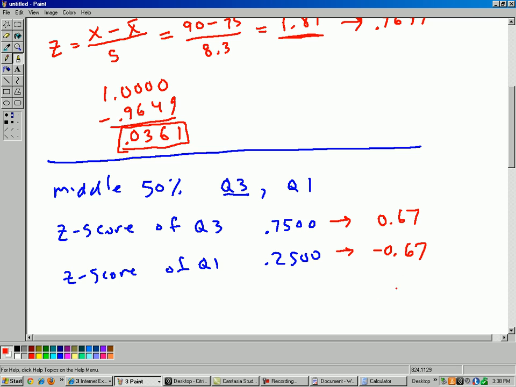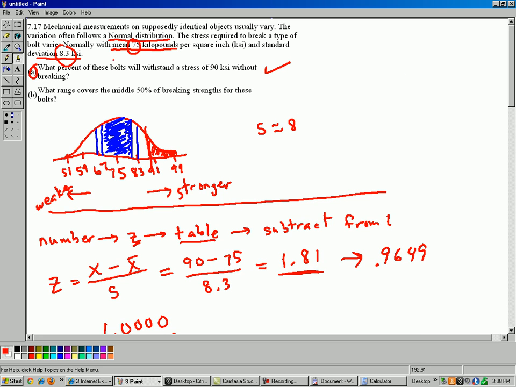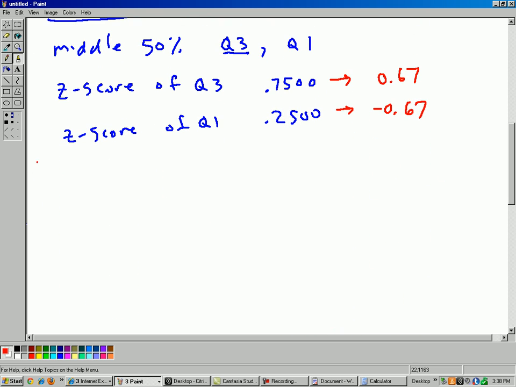So now all I have to do is find out, back to our original problem, what's the breaking strength of our bolts that corresponds with those z-scores? So back to our friend, the z-score. Here, let's switch to a different color here. Okay, so our old friend, the z-score formula.